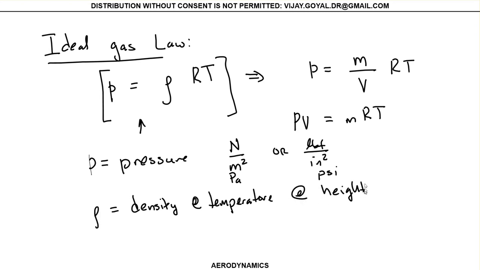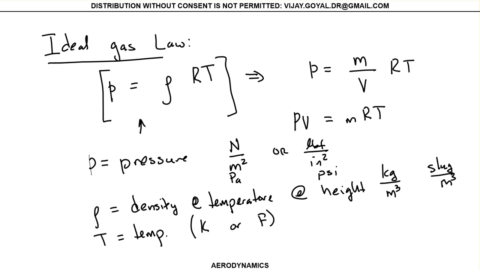We will talk about that in a minute. It is given in kilograms divided by m cubed, or slugs divided by inches cubed. T is the temperature, given in kelvins or Fahrenheit. And R is the universal constant.